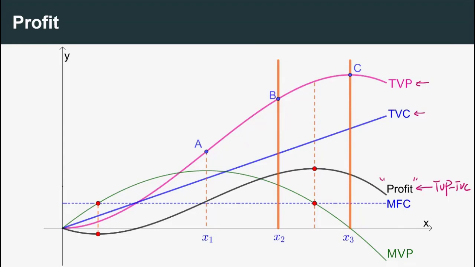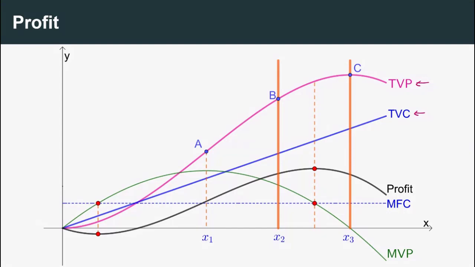Your true profit should be TVP minus TFC. So if you want to know your true profit, this one will be your TFC minus B. So your real profit should also be shifted up by B. But again, here we're not interested in the true profit. We're interested in the difference between TVP and TVC, and that is the profit quote that the producer is interested in.